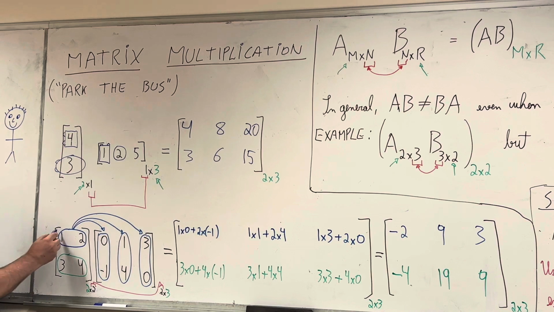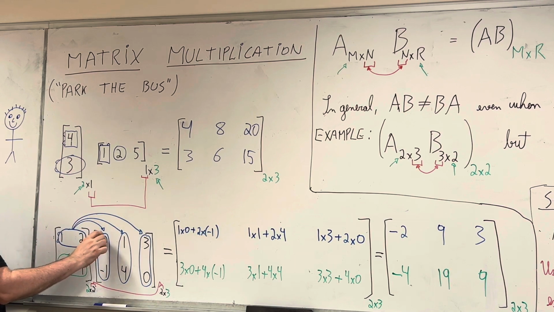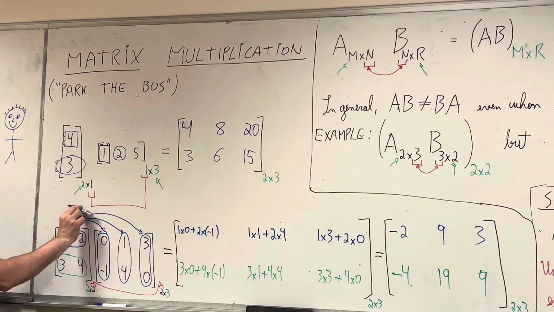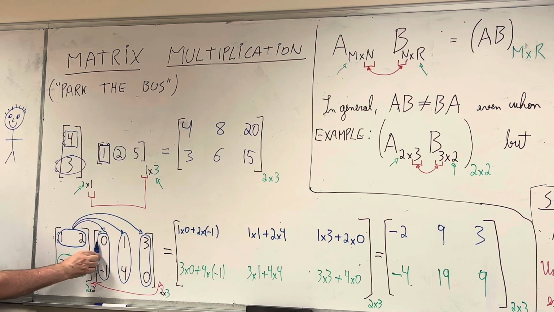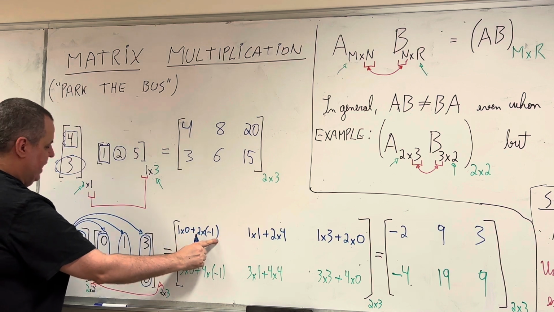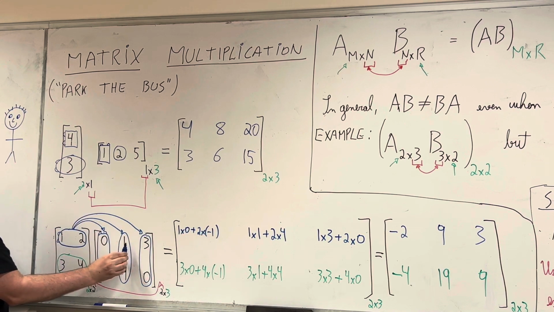And then you're going to pick up the bus here. So the headlights of the bus, and park it here. So you pretend you're a bus and you drive there and you park here. So you're going to have 1 times 0 plus 2 times minus 1. Then you pick the bus and park it here.